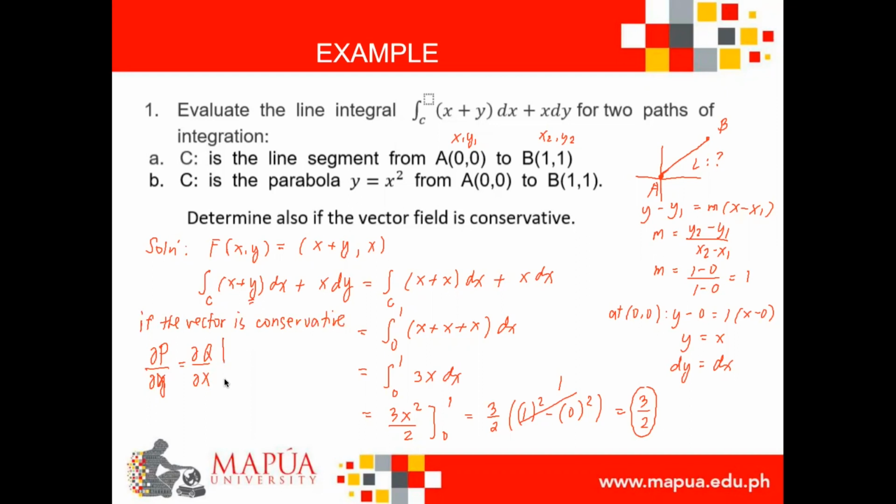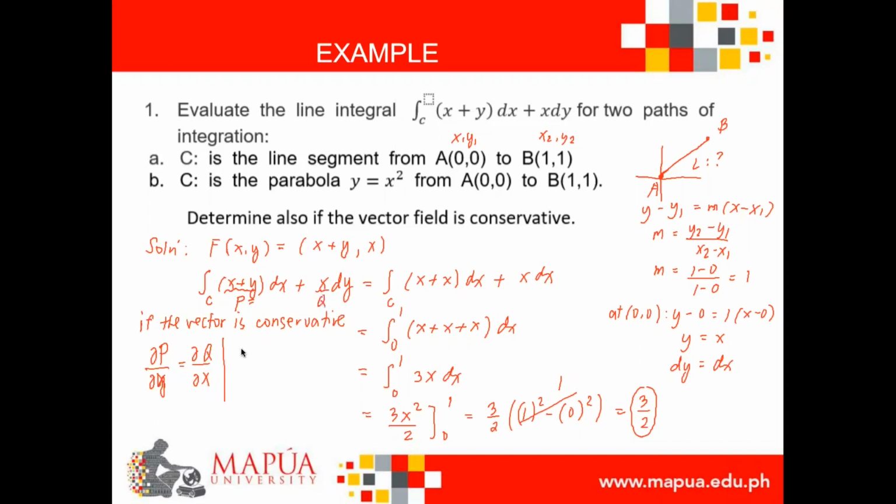So let us get the partial derivative of the function P with respect to y. Where is your function P? Your function P is right here. We have it as x plus y. And your function Q, we have this as x.